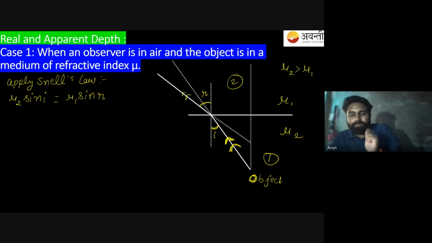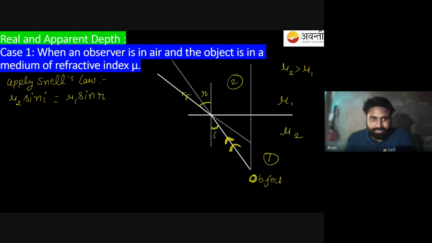The ray is coming from refractive index mu2 and going to refractive index mu1. So we have mu2 sin i equals mu1 sin r. Got it? This is equation number 1. Suppose this is the real depth of this object, and this is the apparent one, represented by D.